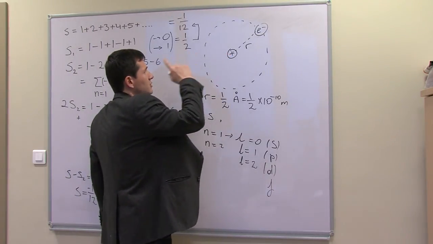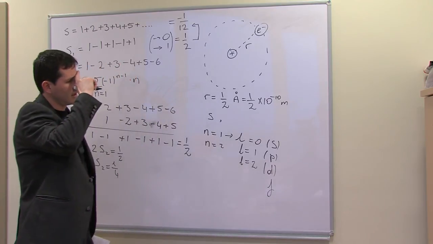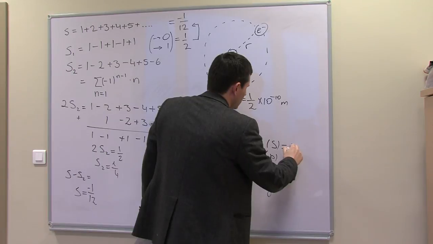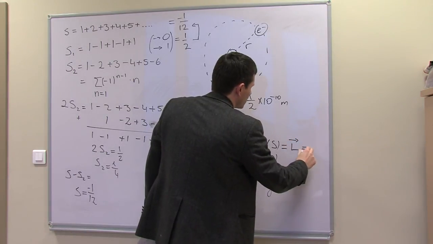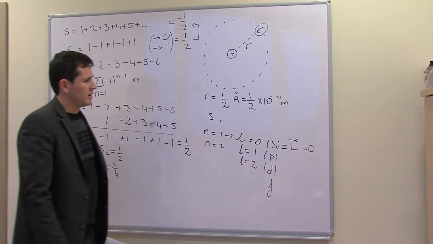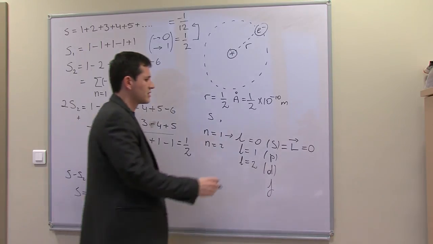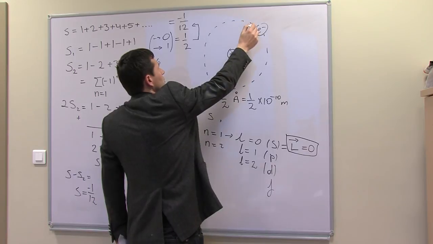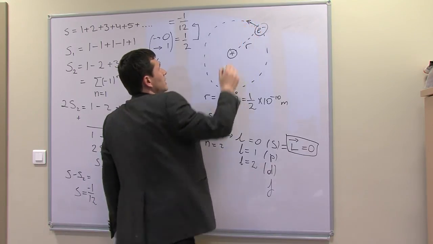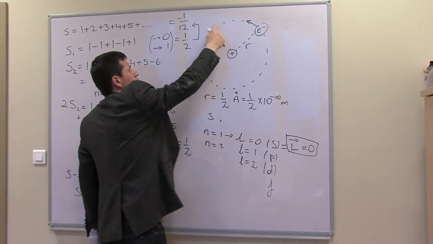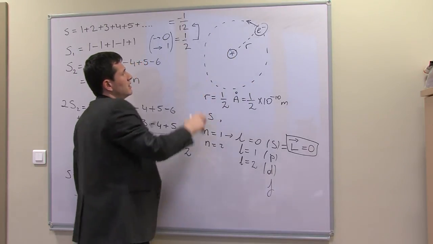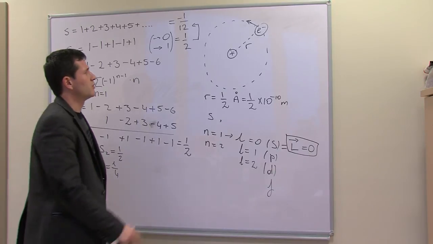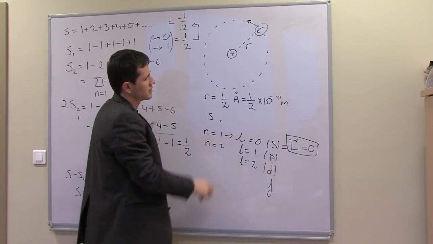Now the thing is that this electron in the hydrogen atom, in its lowest energy state, has L equal to 0, which implies that the angular momentum of that electron is equal to 0. This does not match very well with this electron, which we may be fooled into thinking is moving in a circular radius like this, because we always see the electron in a hydrogen atom with a single electron drawn as a circle.